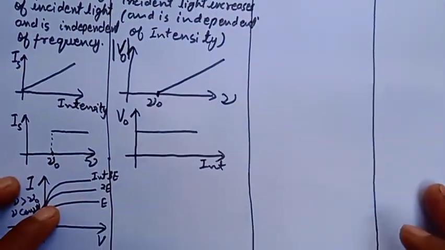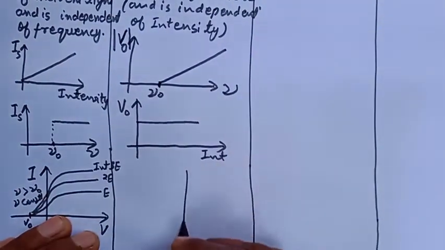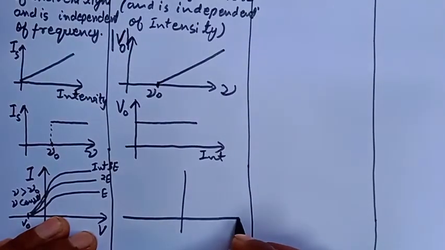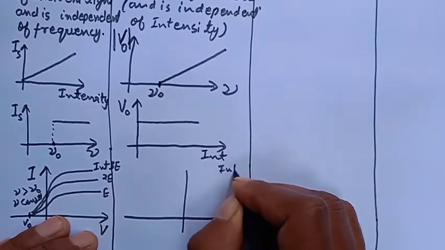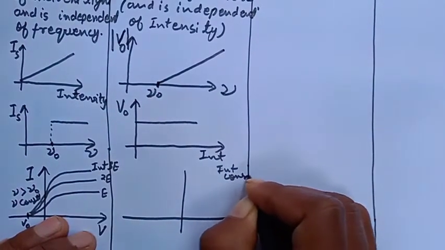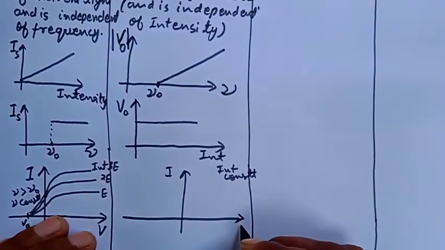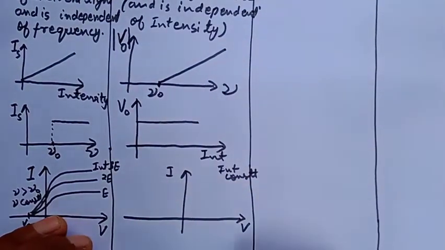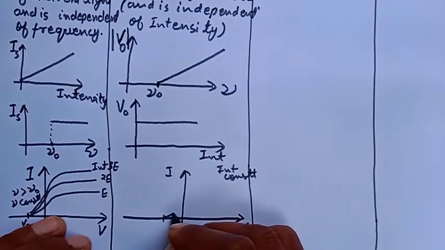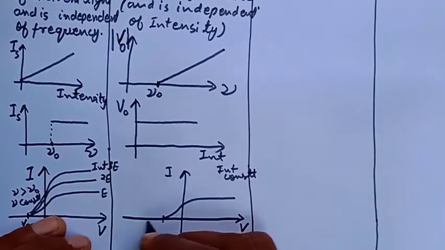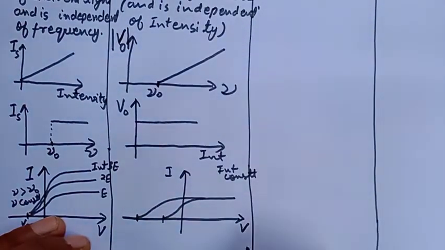And now the big one, how will the IV characteristic change? So here what I am considering is intensity constant. Here I, here V, and I'm taking the case of two different frequencies but same intensity.